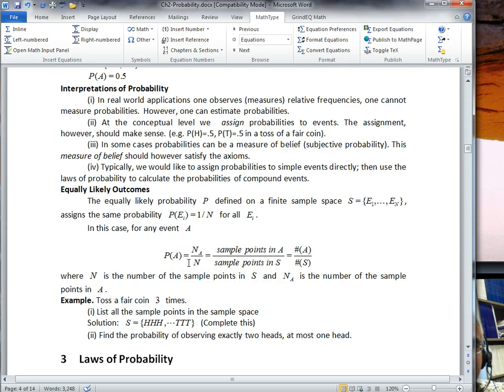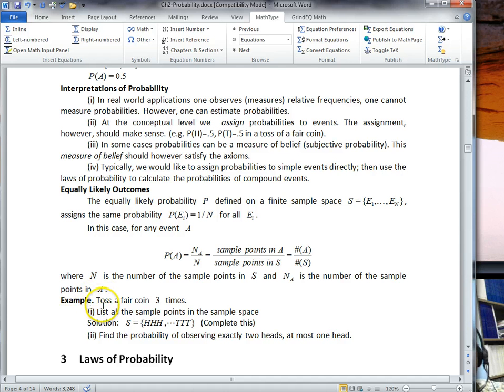If I have a sample space with 500 simple events, and I want the probability of a compound event made up of 70 of them, then adding 70 numbers would be more involved than simply dividing two numbers. Okay.